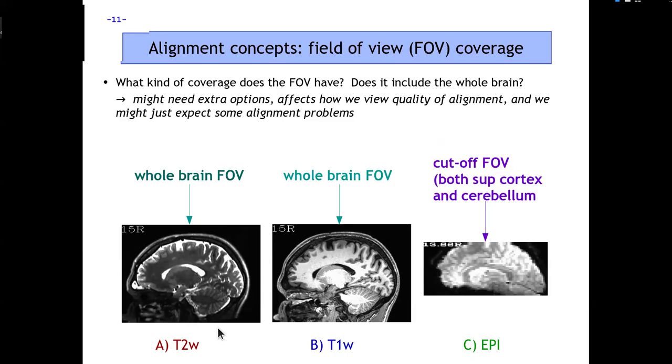These two data sets do, I can see very clearly space above the top of the brain and below the cerebellum here, whereas here, even the top of the brain is essentially cut off, and usually we don't want data we care about to be on the very edge, as it were, of the field of view, because the data quality is going to be poor, and certainly the cerebellum is cut off here. So this data is probably not the highest quality, and obviously we're missing part of the brain there. So anyways, it's good to know, and also sets our expectations of overlap and what we think we care about and need to work to match well.